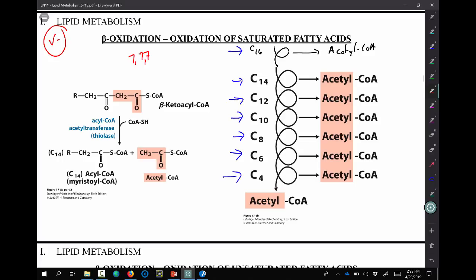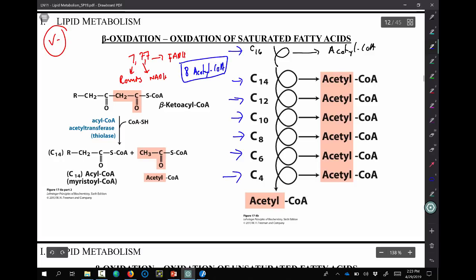Yeah, in the back. 7. Yeah, so it would be 7 total. So it would be 7 rounds, 7 NADH, 7 FADH2. And then I didn't ask this in the question, but it would be 8 acetyl-CoAs.